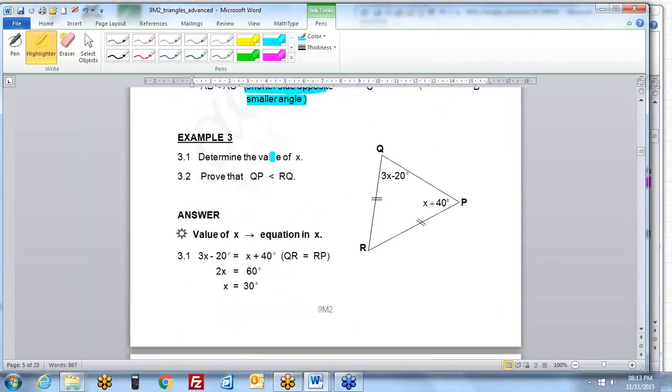Example 3. You will see all of these examples are very repetitive of the rule we're currently using. Determine the value of x. So once again, you get your triangle, and I mentioned that QR is equal to RP.